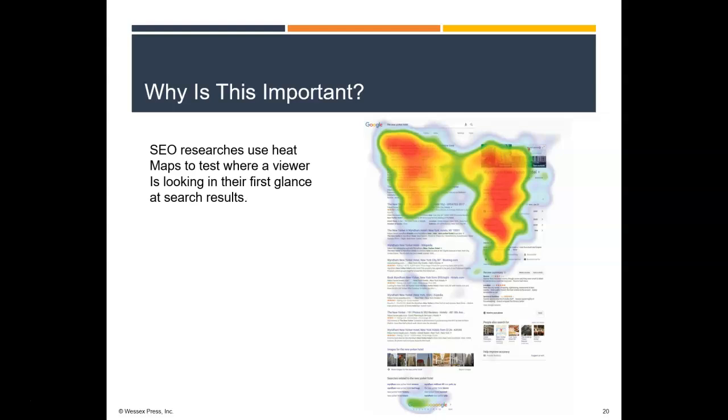Where are they viewing first? Are they viewing the top of the page? Are they viewing a certain image? Are they clicking on a specific link more often? Where is the attention going? By doing this, they can strategically place their ads in those sections where the heat map is red.